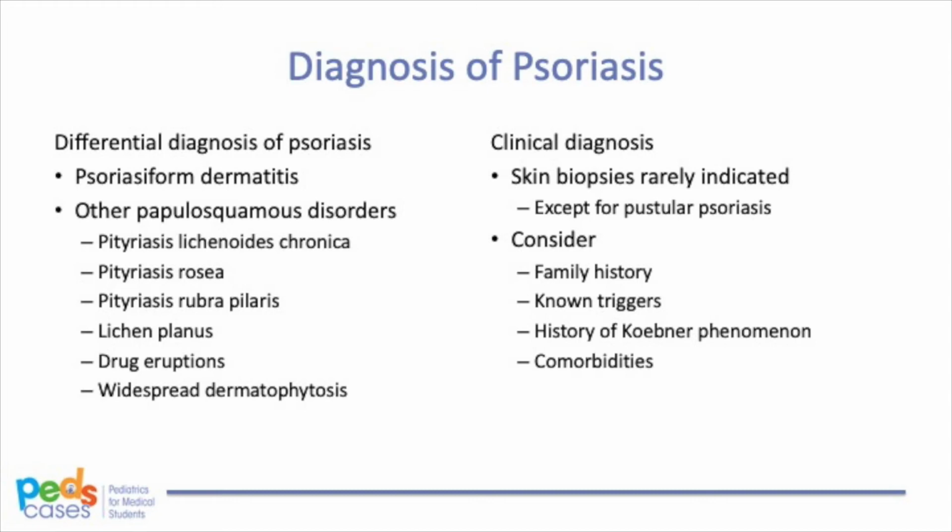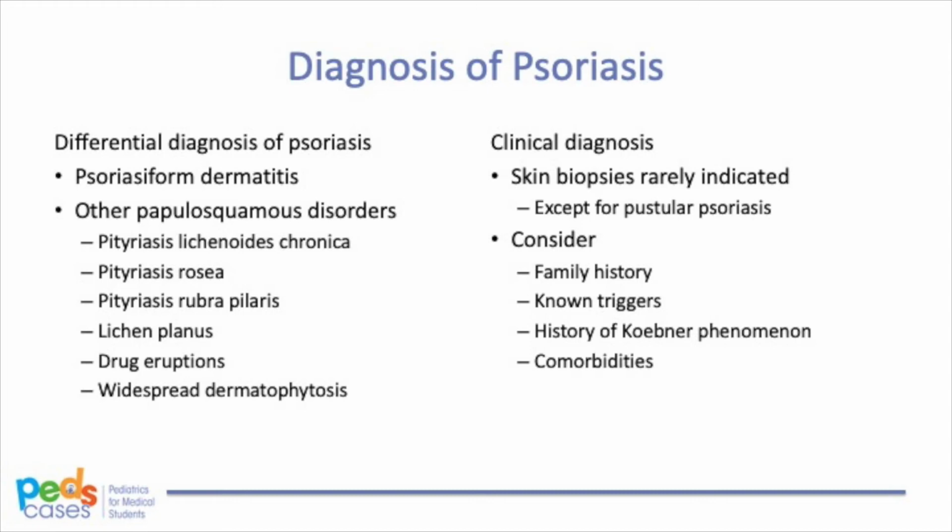Psoriasis is diagnosed clinically in children, and skin biopsy is rarely required, except in cases of pustular psoriasis. As always, we want to compile and synthesize information from both the history and physical examination to reach the diagnosis.